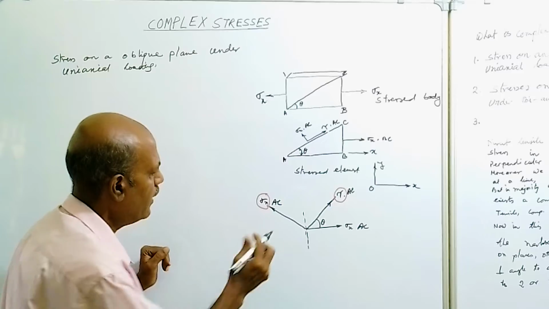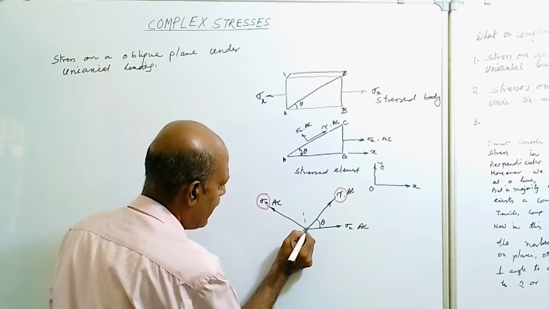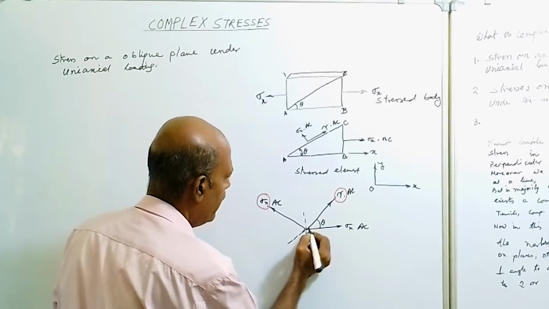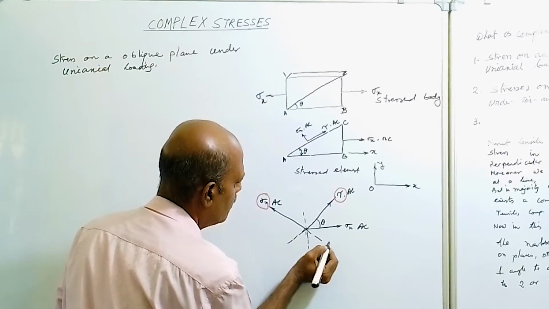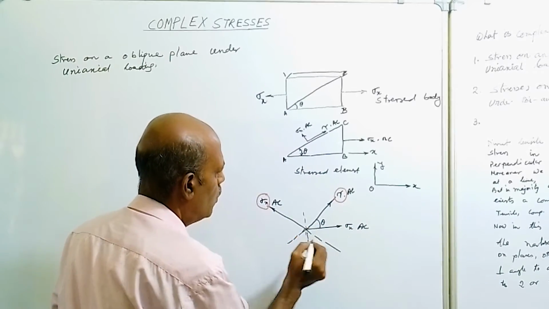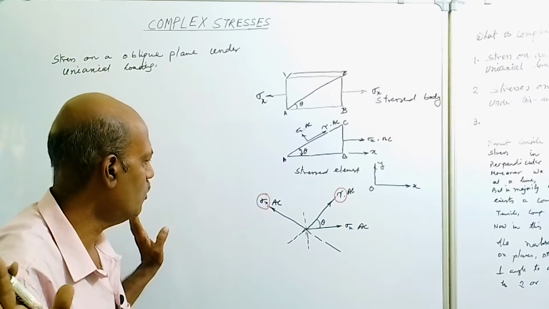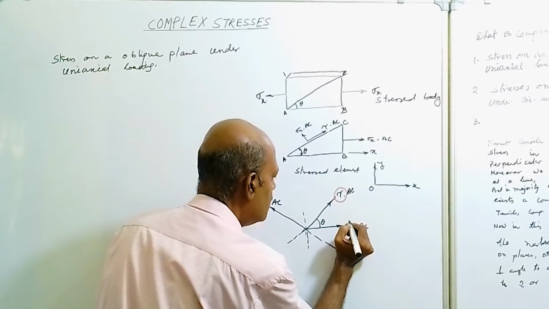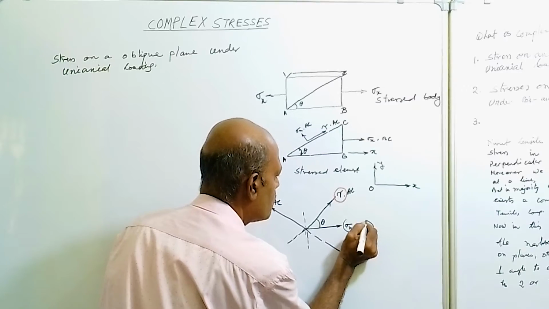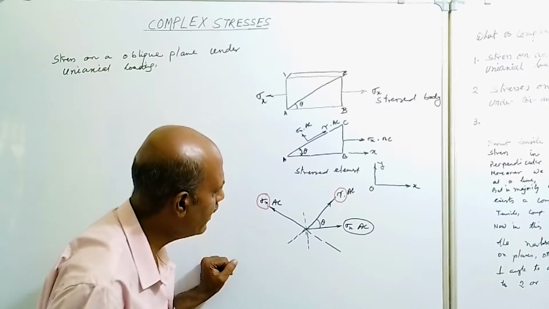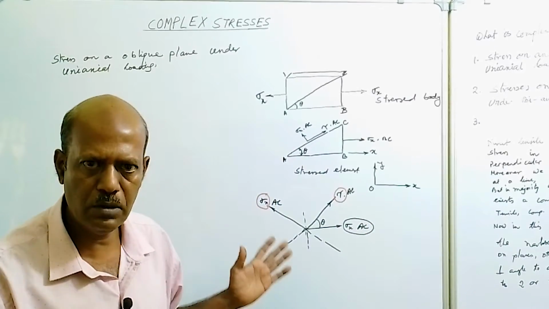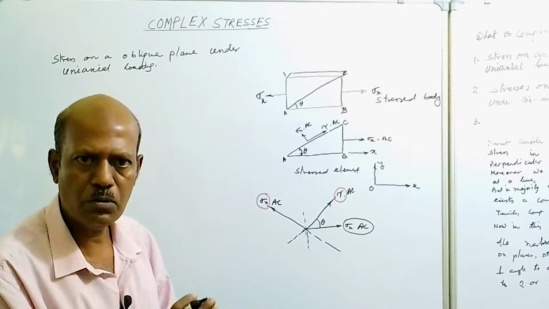Now, to find that, geometrically we will find out the angle. This angle is theta, and this angle is 90 minus theta. Anyhow, this force, sigma x into AC, we will resolve into two components.